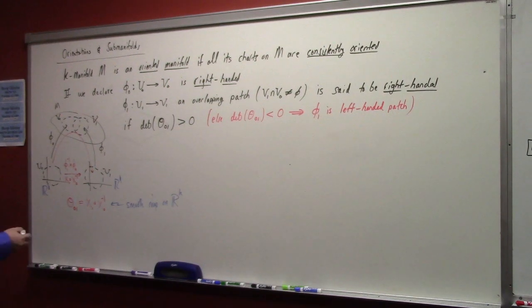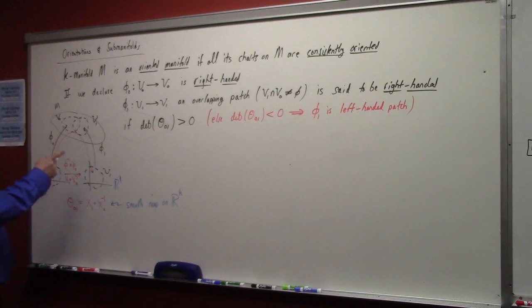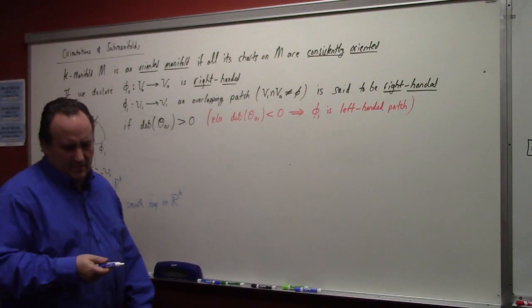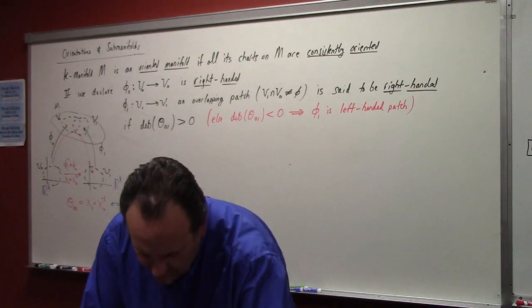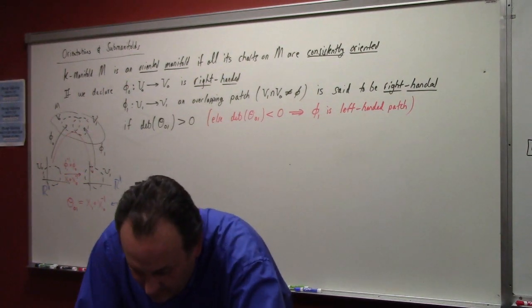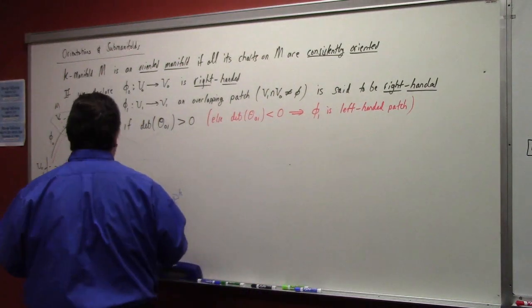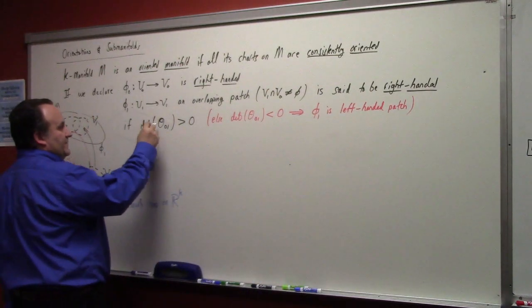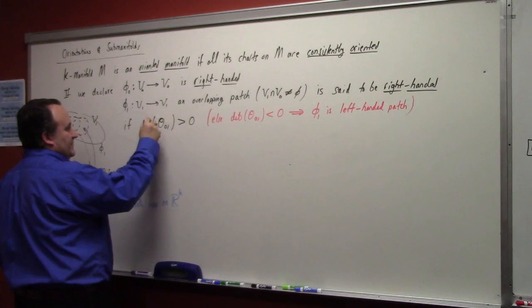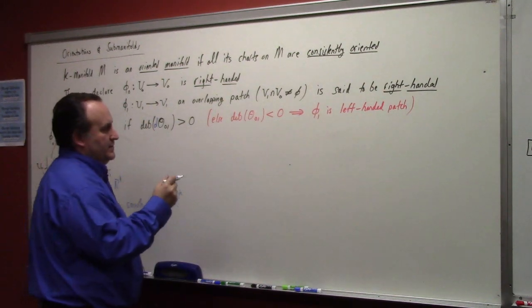That's not quite right. I shouldn't just say the determinant of. Do I just say theta 0? Oh, no, I don't. My notes don't just say that. What does my notes have? I have the derivative of that.